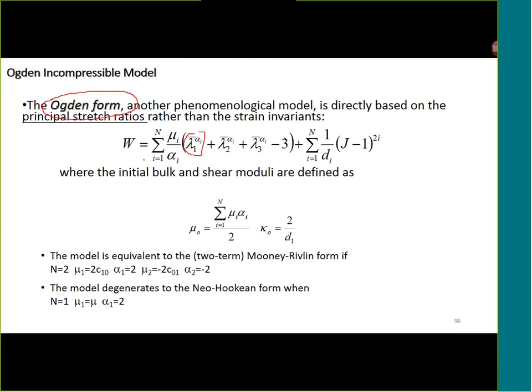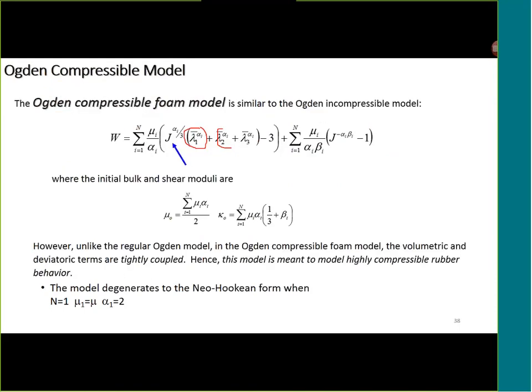In Ogden form, there are two variants. One is incompressible or nearly incompressible, wherein the incompressibility is separated from the deviatoric component. The deviatoric component is separate and the volumetric component is separate. The J relates the volumetric aspect. But in the compressible form model, the volumetric aspect is tightly coupled with the deviatoric part.